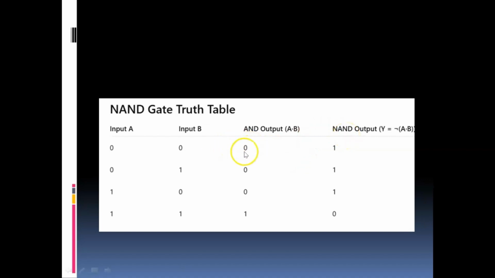Whatever is the input, we consider this value to be inverted. So in that case, 0 becomes 1, 0 becomes 1, 0 becomes 1, and 1 becomes 0. That is how the result looks like. So though the input is like this, the output looks like this.